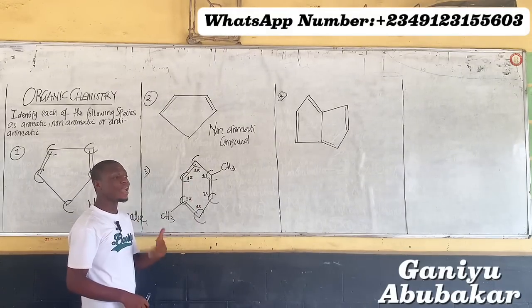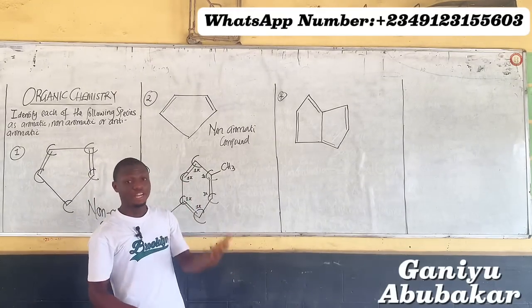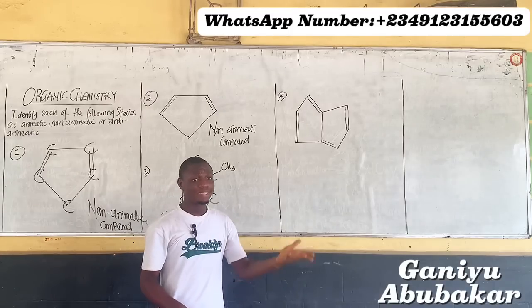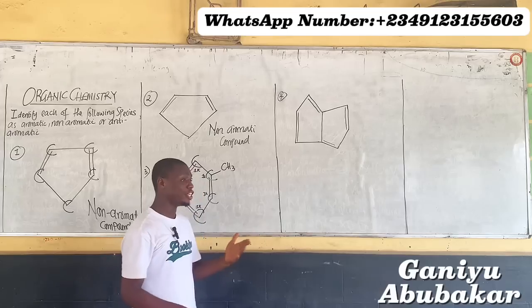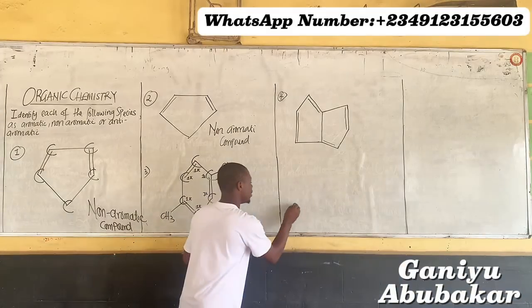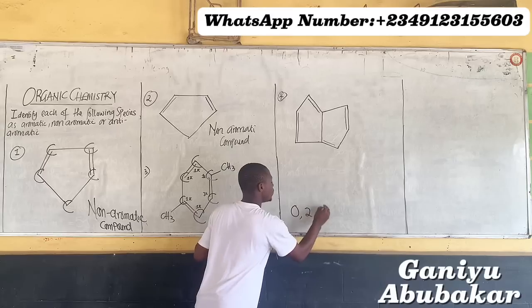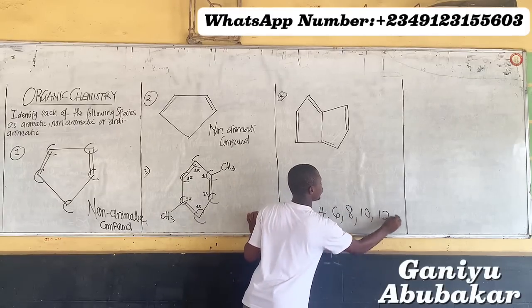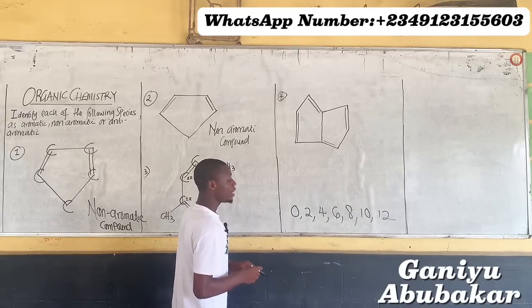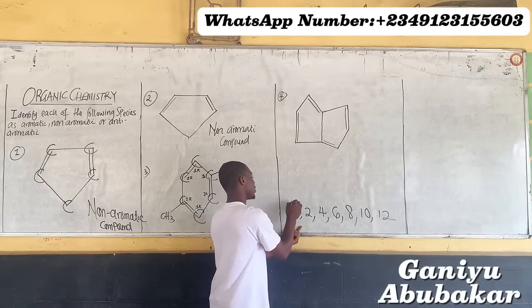For 6 pi electrons, is it aromatic or non-aromatic? For pi electrons, we said we have 0, 2, 4, 6, 8, 10, 12, right? So this is anti-aromatic.